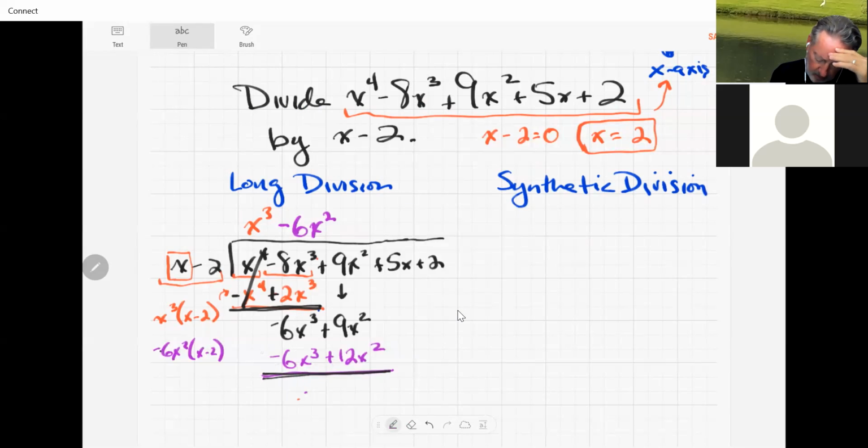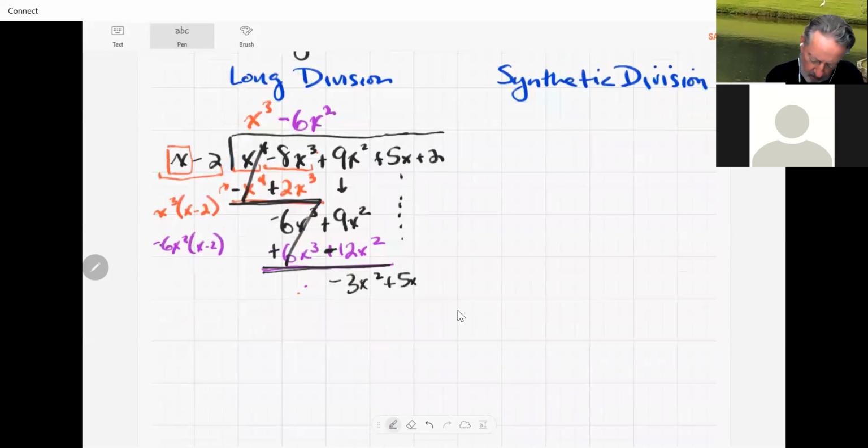Now I have to change the signs because I'm going to subtract. So this becomes a plus, and this becomes a minus. These cancel out, and now I have positive 9 and negative 12, which is negative 3x squared. Then I bring down the 5x. I hated long division just as much as you do.